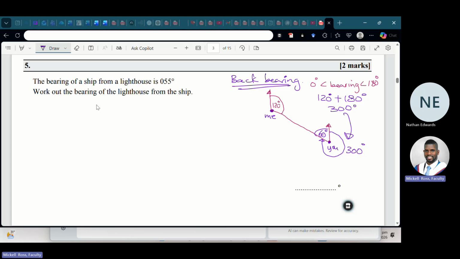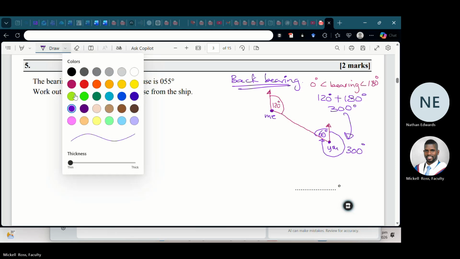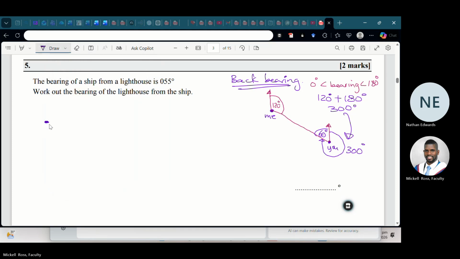All right, so that is how back bearing works. Now let's look at a different example. So this is you and me. Oh, we always put the north sign, all right?